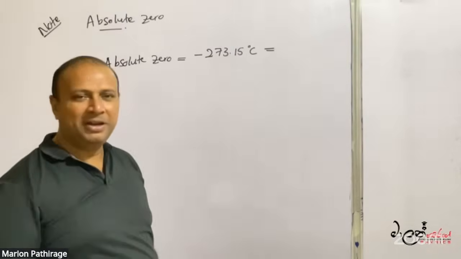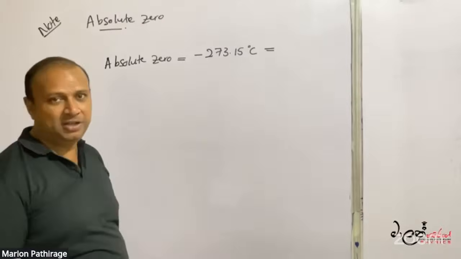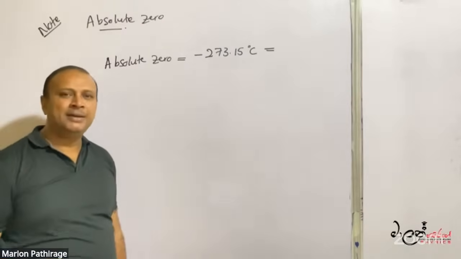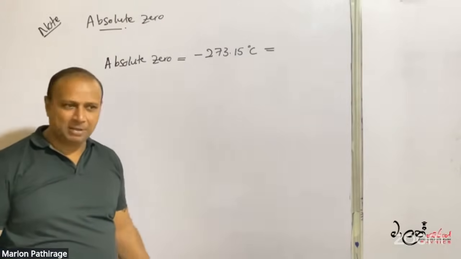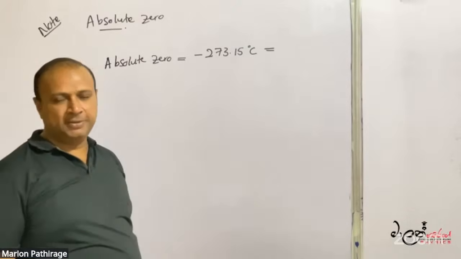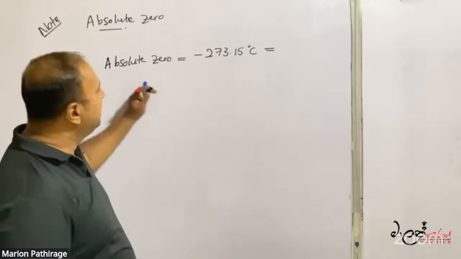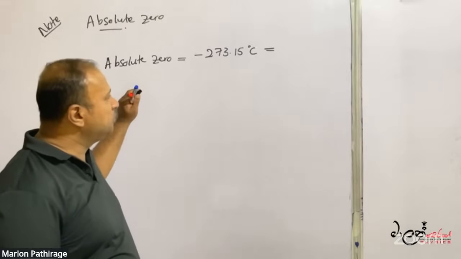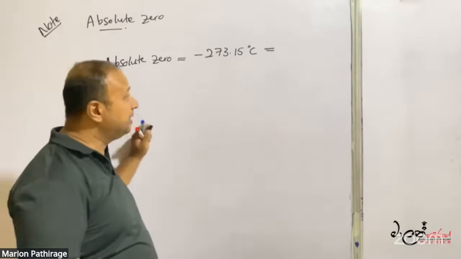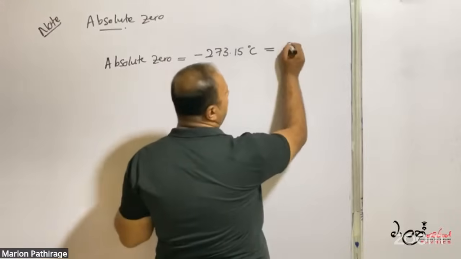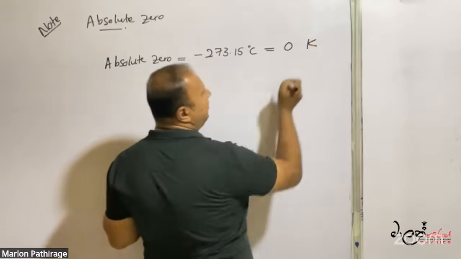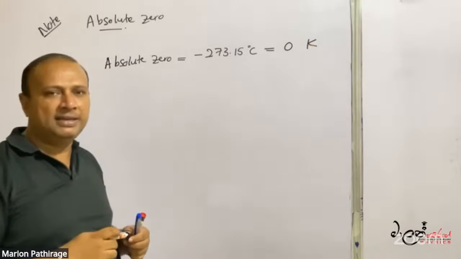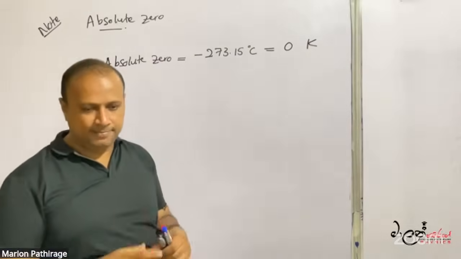According to your knowledge of units, Kelvin is the main SI unit of temperature. So minus 273.15 Celsius is equal to 0 Kelvin. Therefore, we call Kelvin the absolute scale.